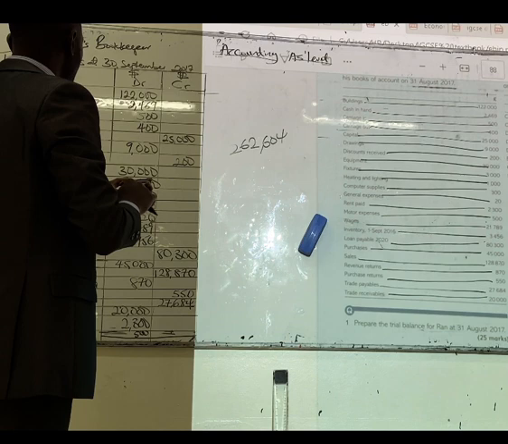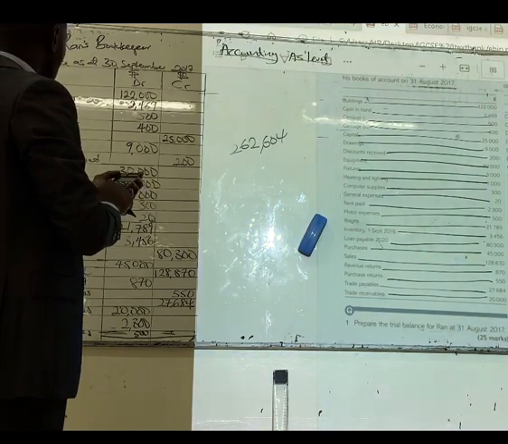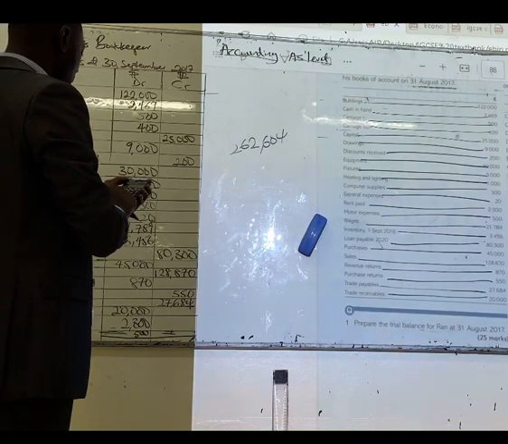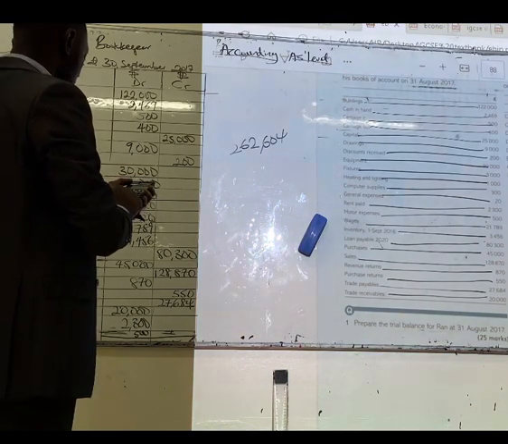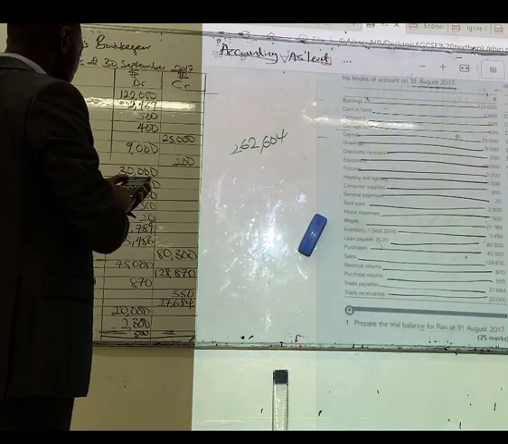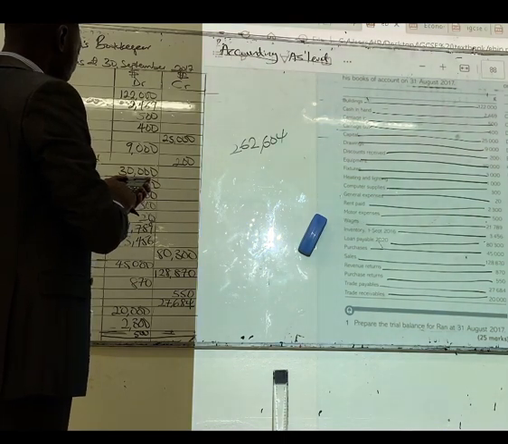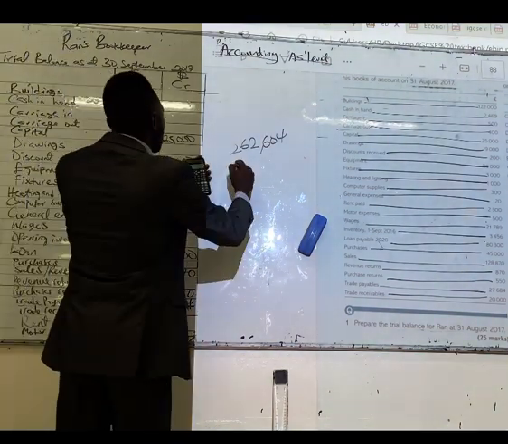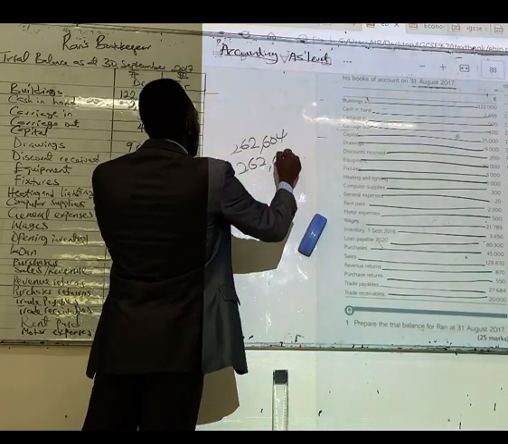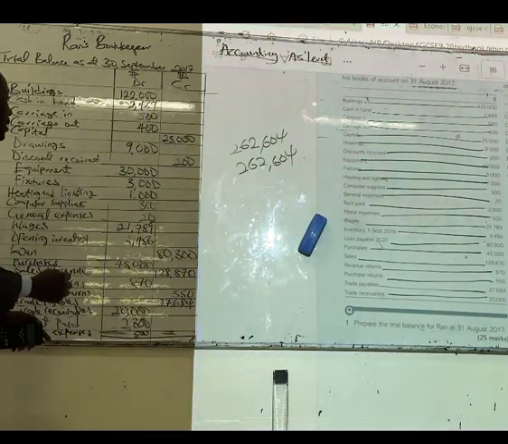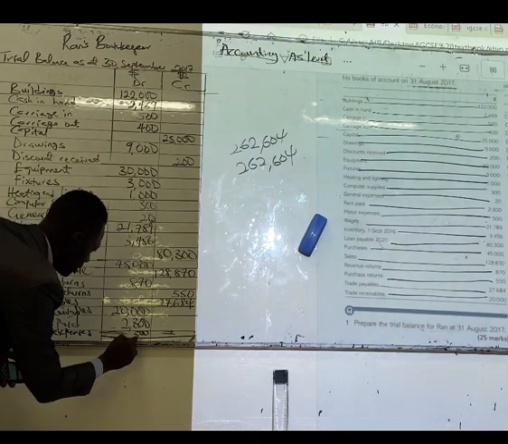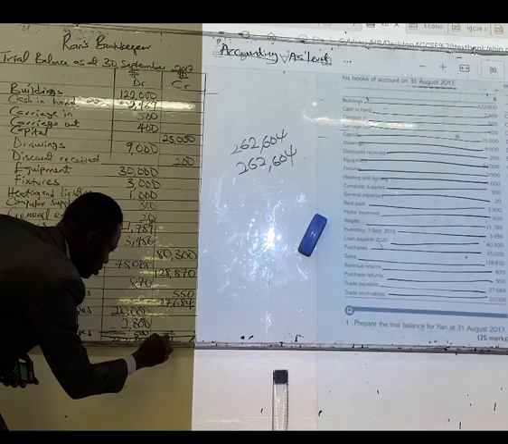On the credit side, we have 25,000 plus 200 plus 80,300 plus 128,870 plus 550 plus 27,684, which is 262,604.